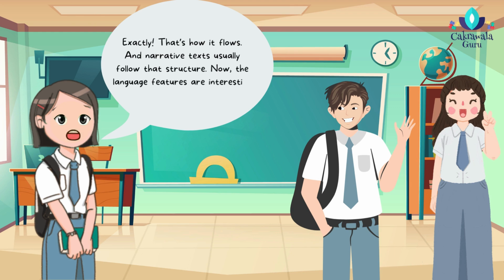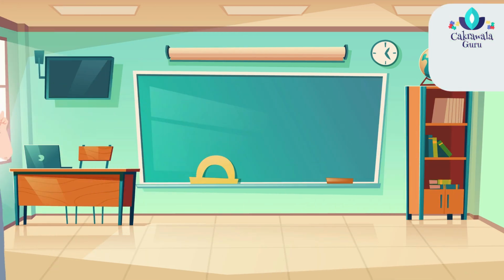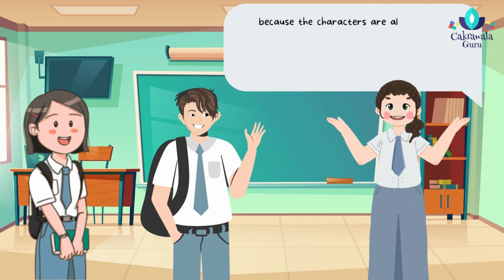Now, the language features are interesting too. You'll notice that narratives use the past tense most of the time, because they talk about things that have already happened. Yeah, they also use action verbs, like ran, jumped, or fought, because the characters are always doing something. And there's a lot of descriptive language too.